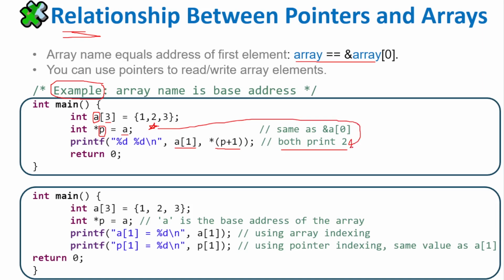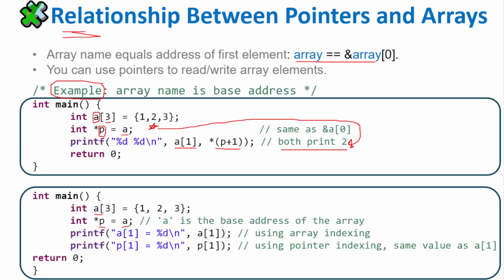Another example. We demonstrate how the name of an array in C acts as the base address of the array, allowing both array indexing and pointer indexing to access the same elements. We declare an integer array A with 3 elements and a pointer P that points to the first element of the array.